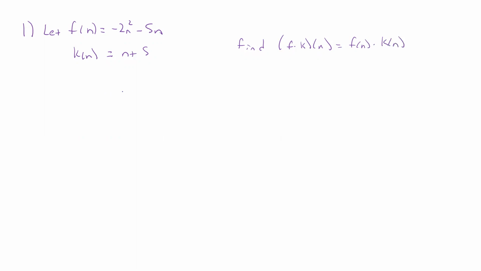Okay, so when we do that, we're going to have a minus 2n squared minus 5n times n plus 5.